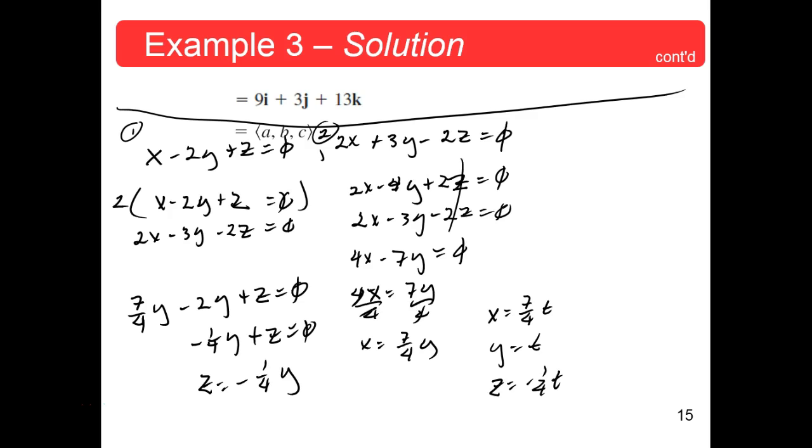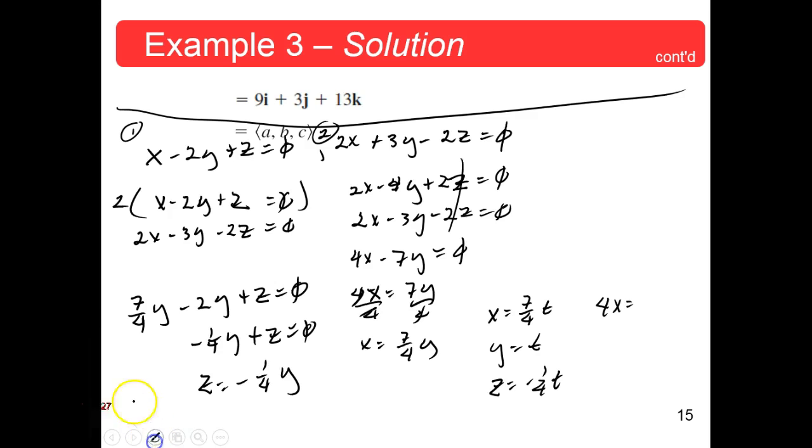Now, they didn't like the fractional forms, so let's multiply each of those equations by 4. Let's multiply just the y is equal to 4t.